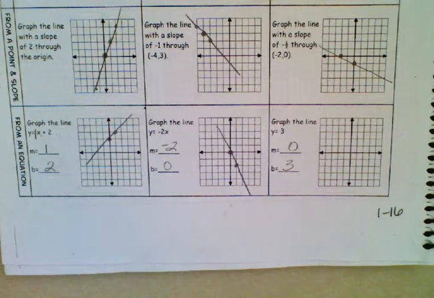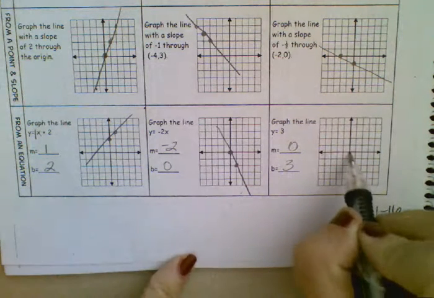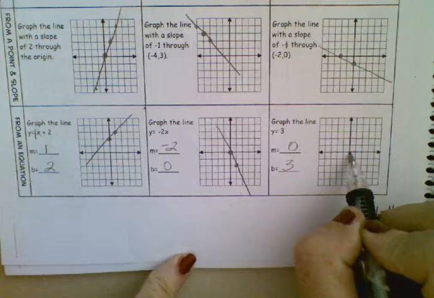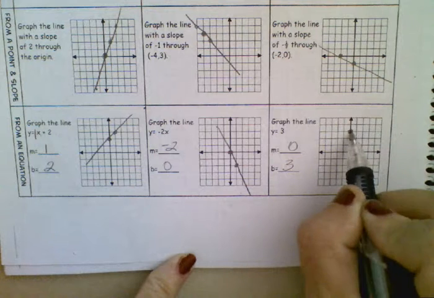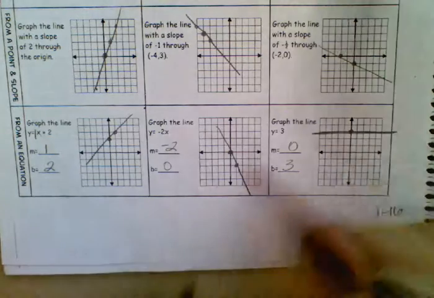Horizontal or vertical? Horizontal, right? So where do I begin? On the y-axis, where do I begin? Up 3. Good. And then I don't go up or over at all, right? So it's just a horizontal line. Excellent. Good job.